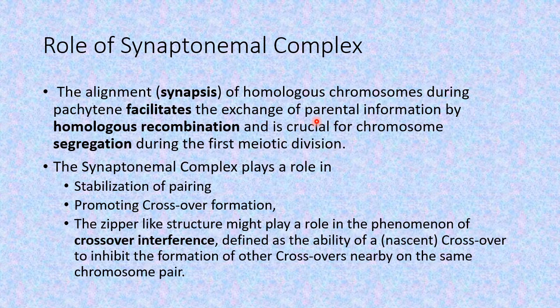Because this proteinaceous zipper-like structure is formed, these crossovers may take place only in the region of the recombination nodules, which are separated from each other along the length of this synaptonemal complex, which zips together the entire length of the homologous chromosomes.